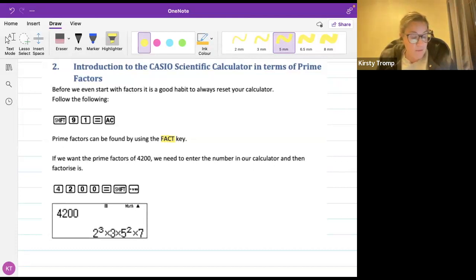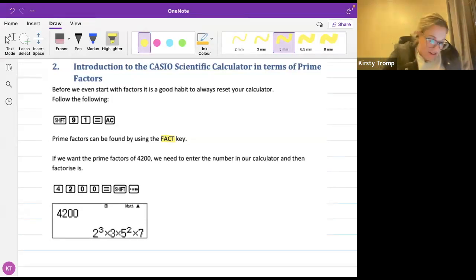If we want the prime factors of 4,200 on our Casio calculator, we need to enter the number in our calculator and then factorize it. So in order to do that, you're going to punch in 4,200 equals. Then you're going to hit the shift button on your calculator. Do you all see the shift button? It's the little yellow one.